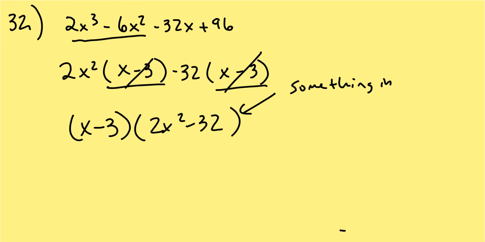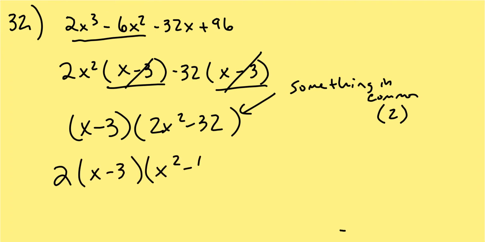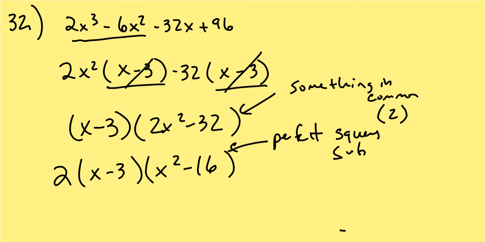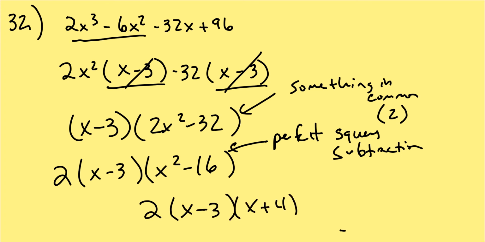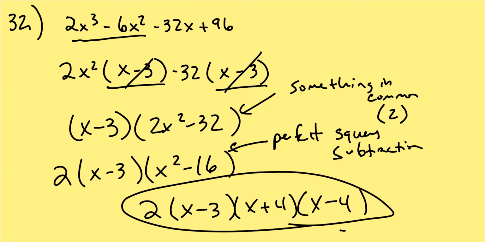There's something in common in that second set, so I take out the 2 and put the 2 out front. This becomes x squared minus 16. Now that's perfect squares with subtraction. So your final answer is 2, x minus 3, x plus 4, x minus 4. And that's my final answer for number 32.